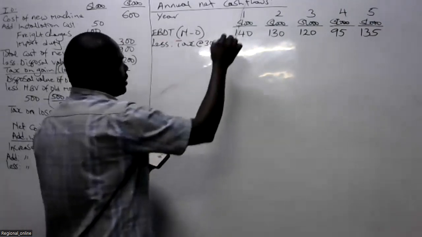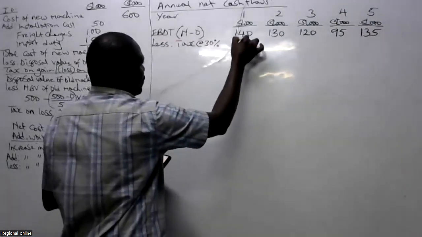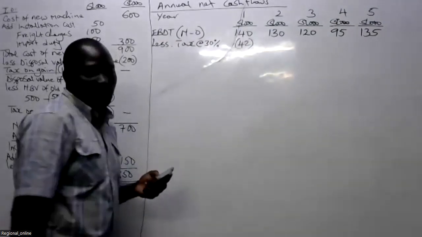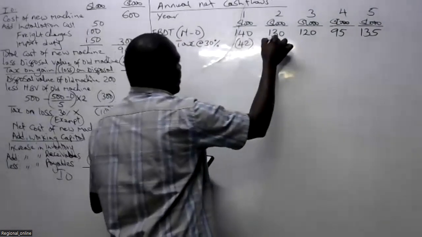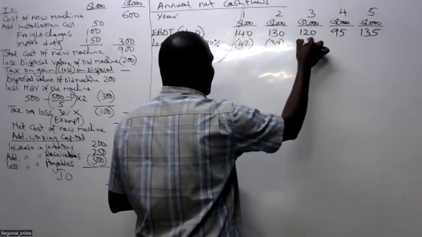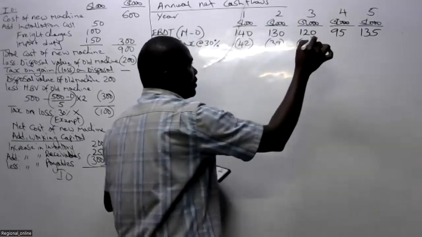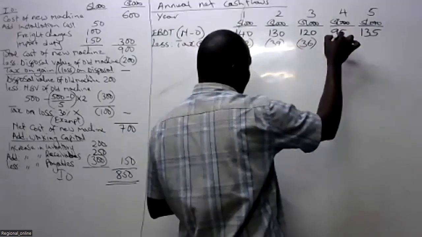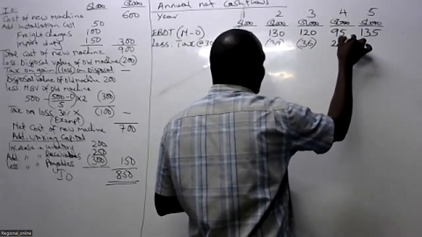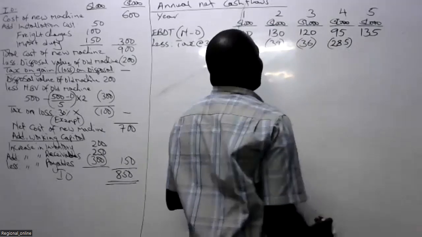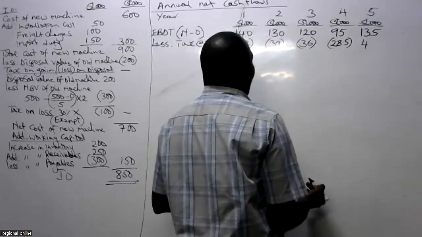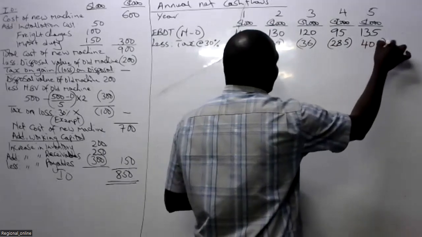How much? 42. 30% of 130, 39. 30% of 120, 36. 30% of 95, sorry? 28.5. And the last one, 40.5.